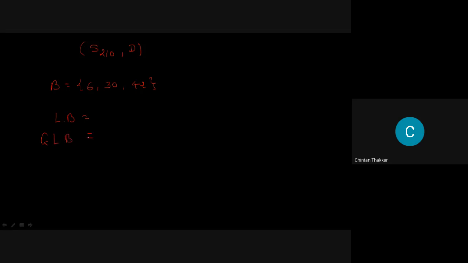So lower bound means you have to find the numbers which divide these three numbers. So which are the lower bounds here?